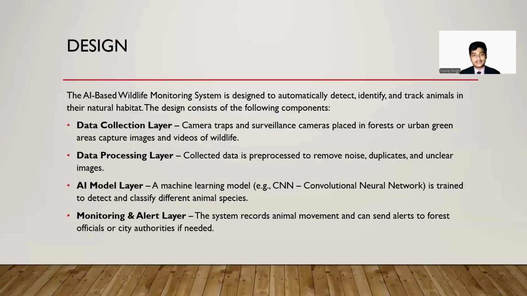Data processing layer: collected data is processed to remove noise, duplicates, and unclear images. AI model layer: a machine learning model, for example a CNN, convolutional neural network, is trained to detect and classify different animal species. Monitoring and alert layer: the system records animal movement and can send alerts to forest officials or city authorities if needed.